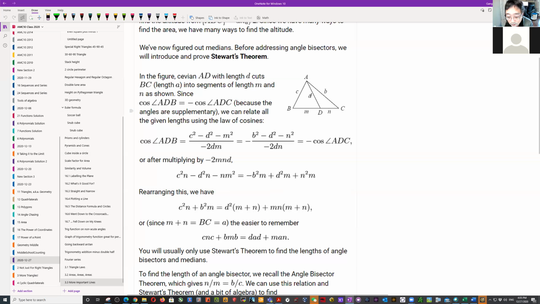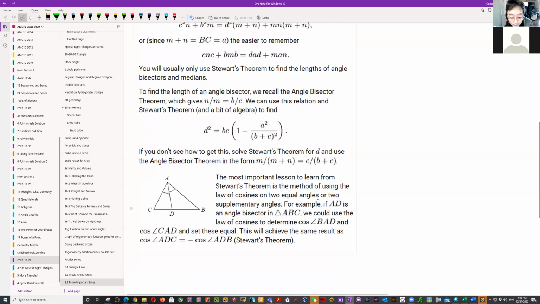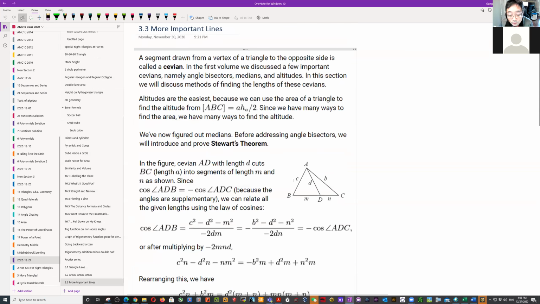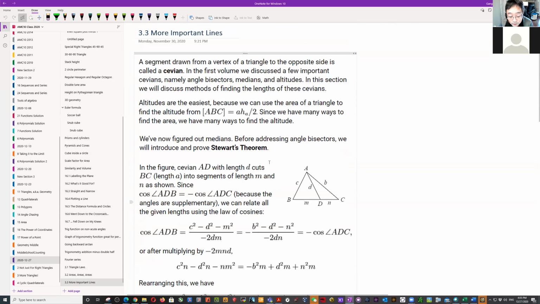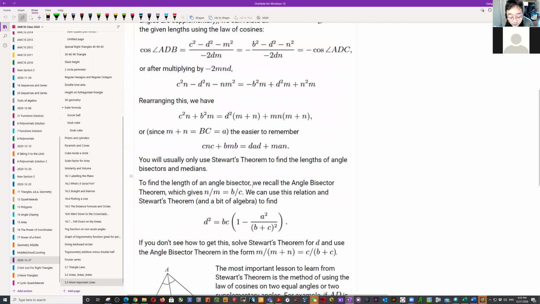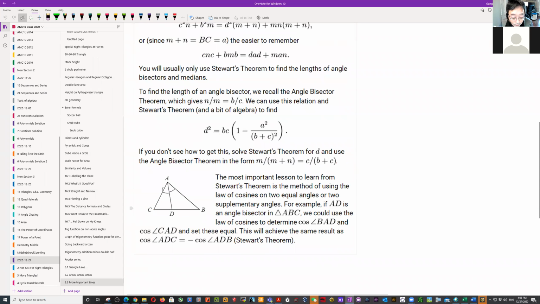So A is basically BC, if you read it. And what's the use of it? With Stewart's theorem, we are able to calculate the length of an angle bisector. The angle bisector D squared equals BC multiplied by 1 minus A squared divided by B plus C squared.